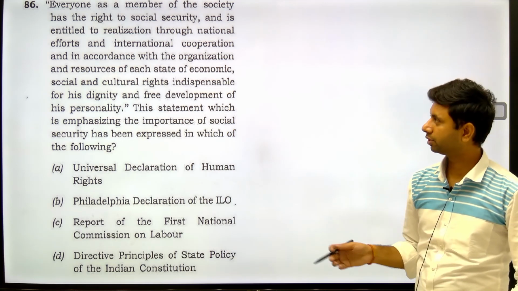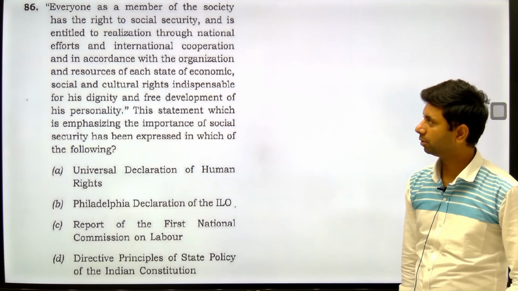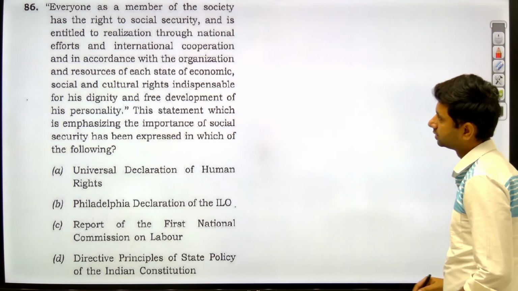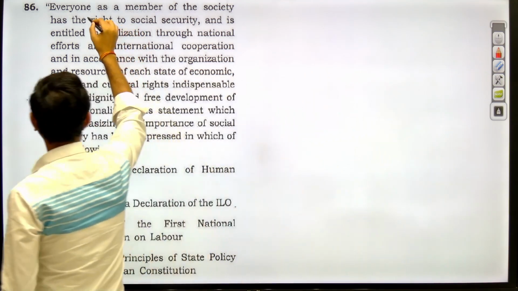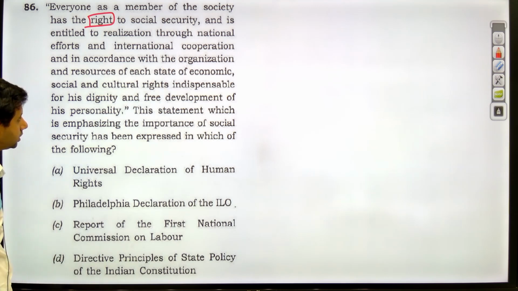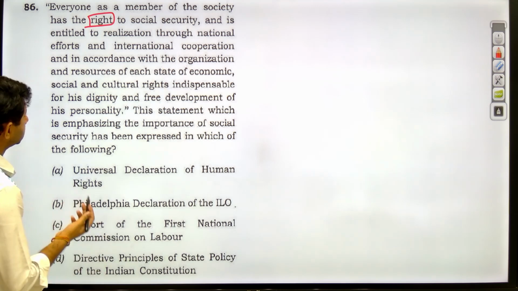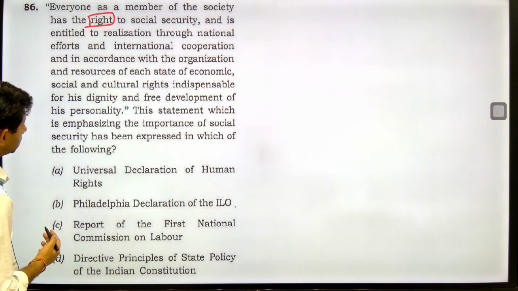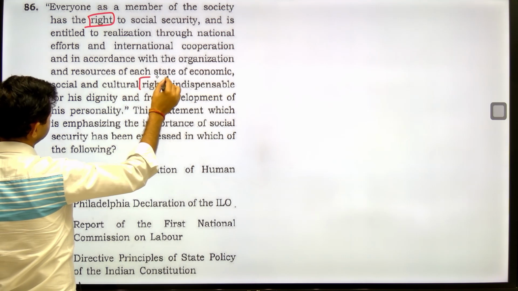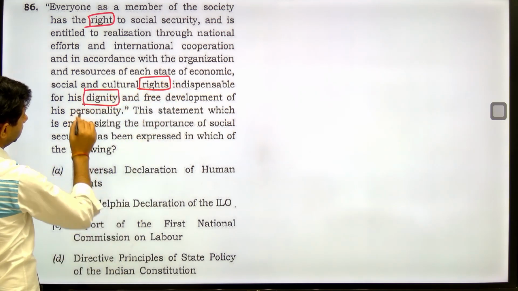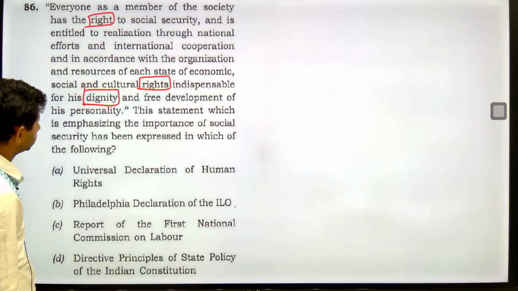Now read this: everyone, as a member of society, has the right to social security and is entitled to realization through national effort and international cooperation, and in accordance with the organization and resources of each state, of the economic, social and cultural rights indispensable for his dignity and the free development of his personality.